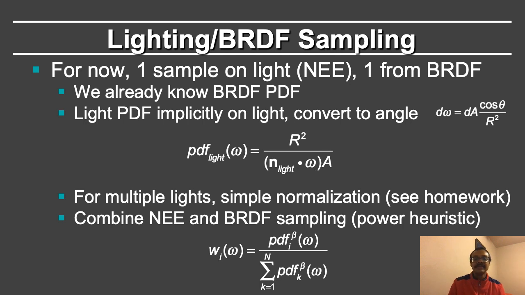Therefore, the probability distribution over the area was 1 over A. You have to correct that according to this normalization term. For multiple lights, there is a simple normalization, and you can see the homework for that. You then combine next event estimation and BRDF sampling using the power heuristic, as we discussed before, with beta equal to 2.